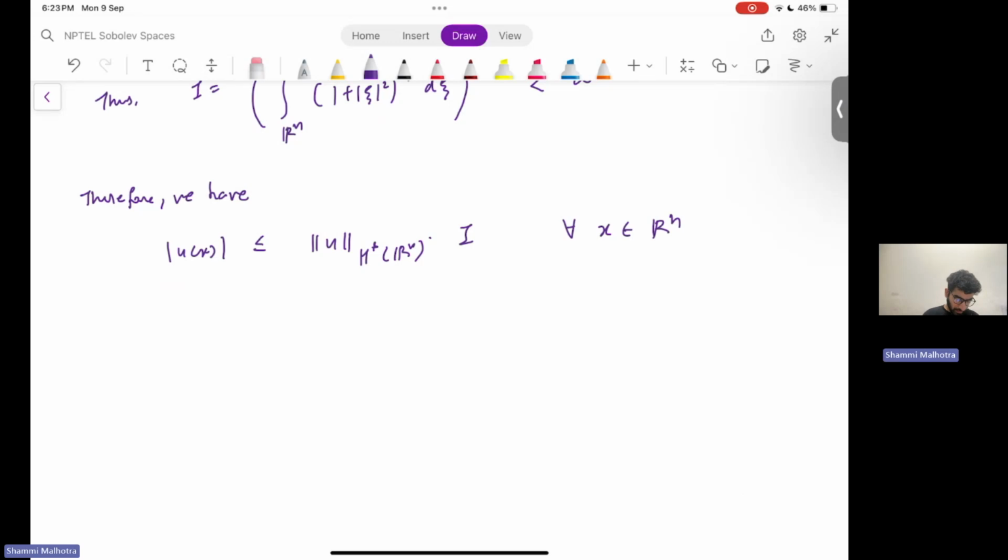What this basically implies is that the L infinity norm of u is less than some constant times the H^s(R^n) norm of u, and that holds for all u in D(R^n).